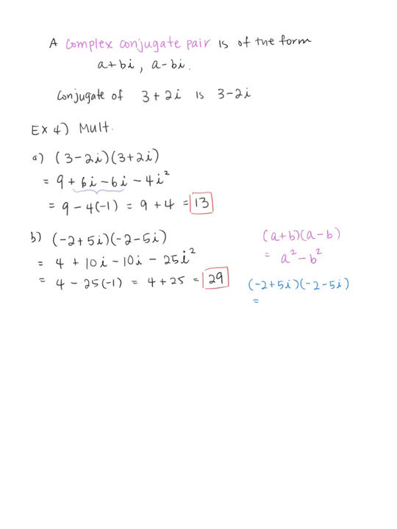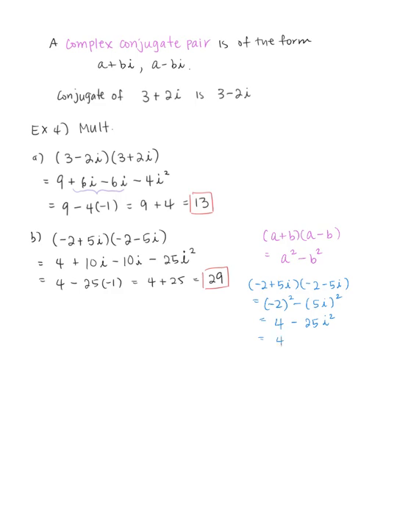Well, a is negative 2, and then our b is just 5i. So if I follow the difference of two squares formula, then here you're going to have negative 2 squared minus b squared, which is just 5i squared, which will give us positive 4 minus 25i squared.